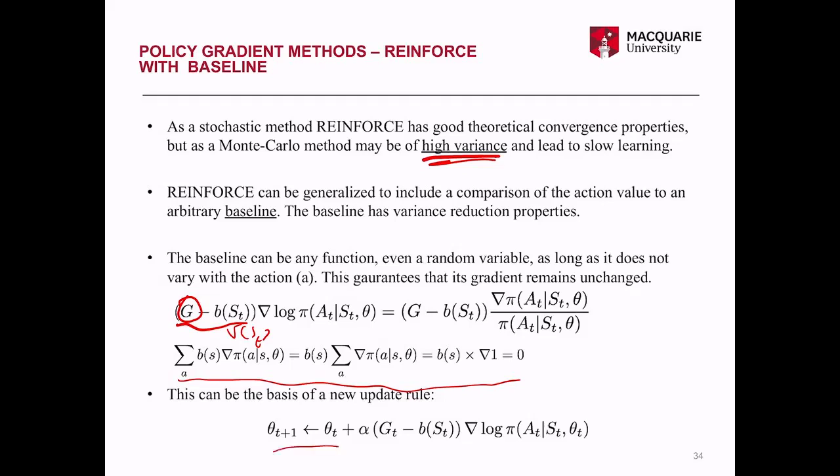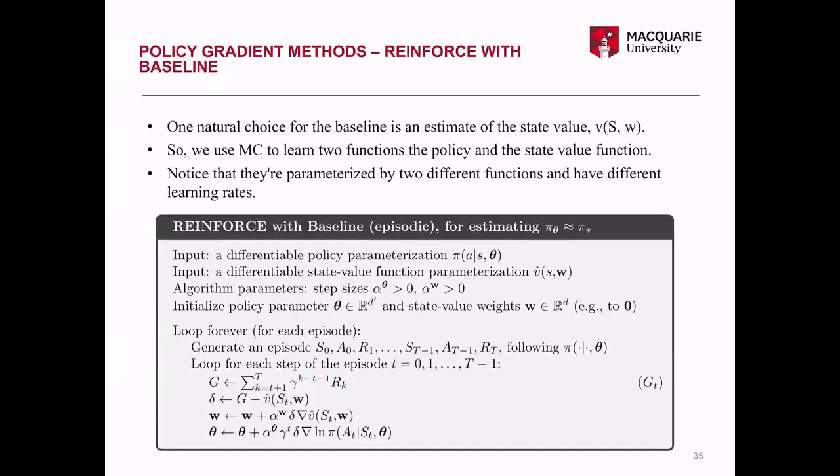And yeah, so you change the update rule to something like this, and this is REINFORCE with baseline. The original REINFORCE only had this part. We also introduced delta here, and delta represents the TD error, right?